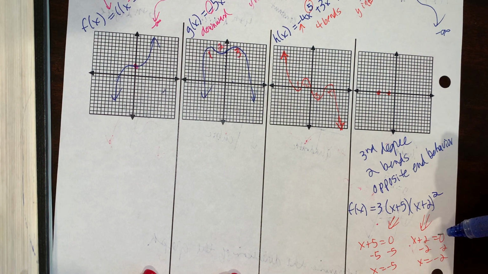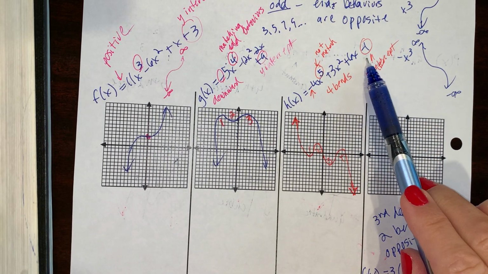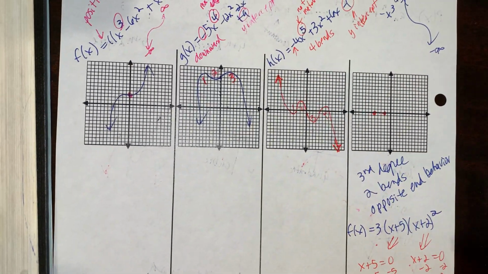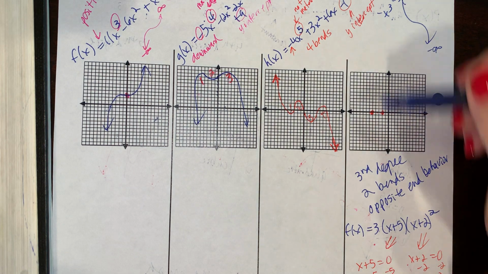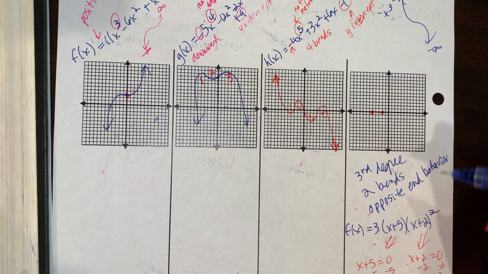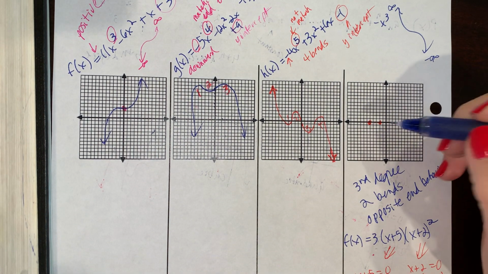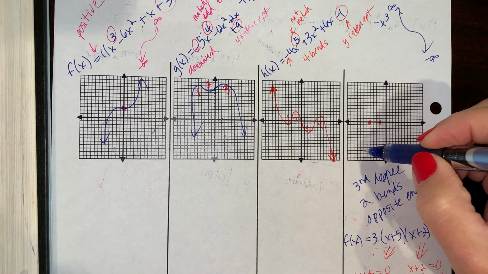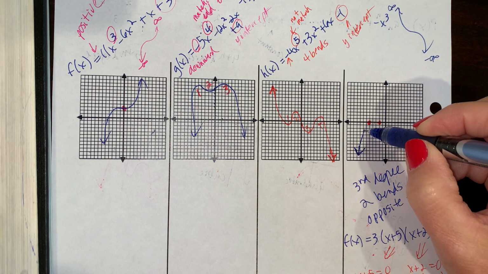Now, they didn't give me a constant term here at the end, but see that before times 5, oh, so it's going to be way up here somewhere. All right, so I can get really close. I know it's a third degree. I know it's positive. So I can get pretty close to graphing this because I know that that should be downward.